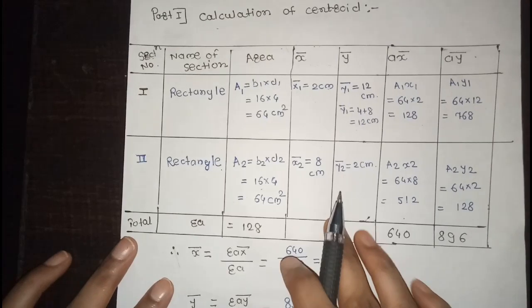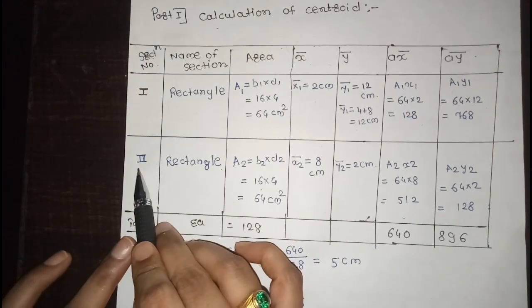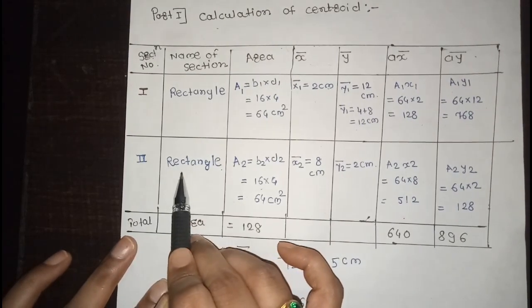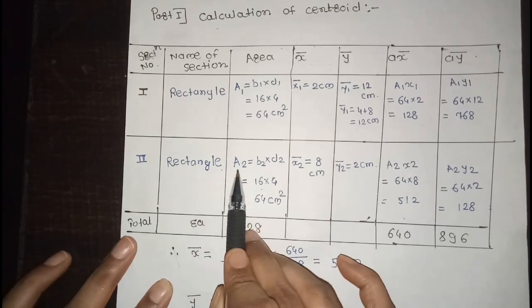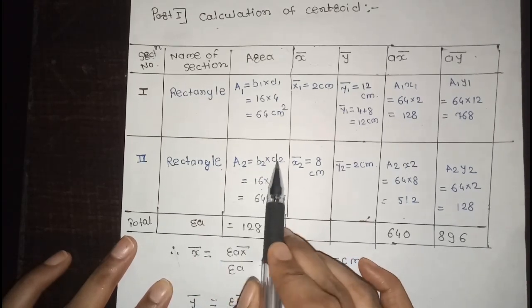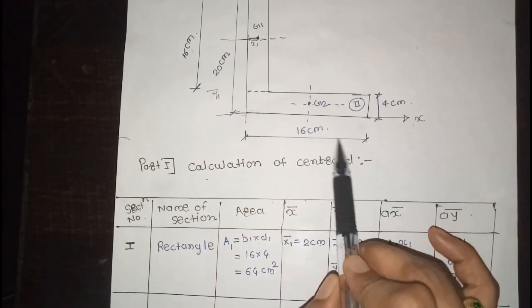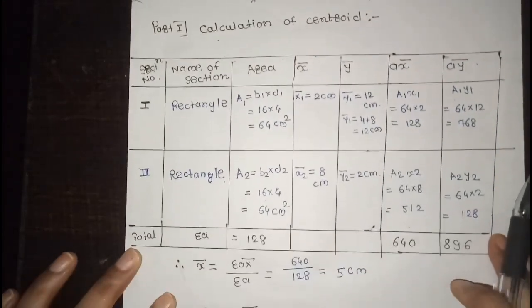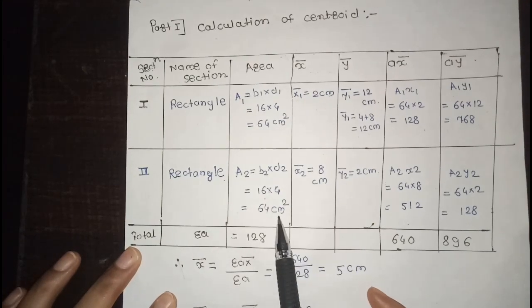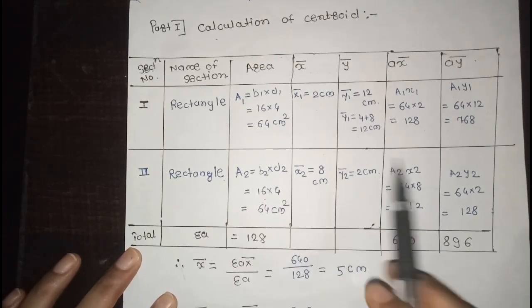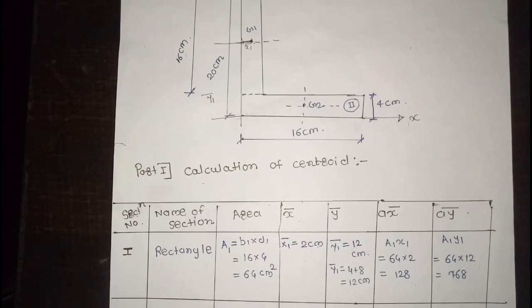Then section number second, name of section rectangle, area of second section b2 into d2, 4 into 16, so 16 into 4, 64. X2 bar, how to calculate x2 bar?